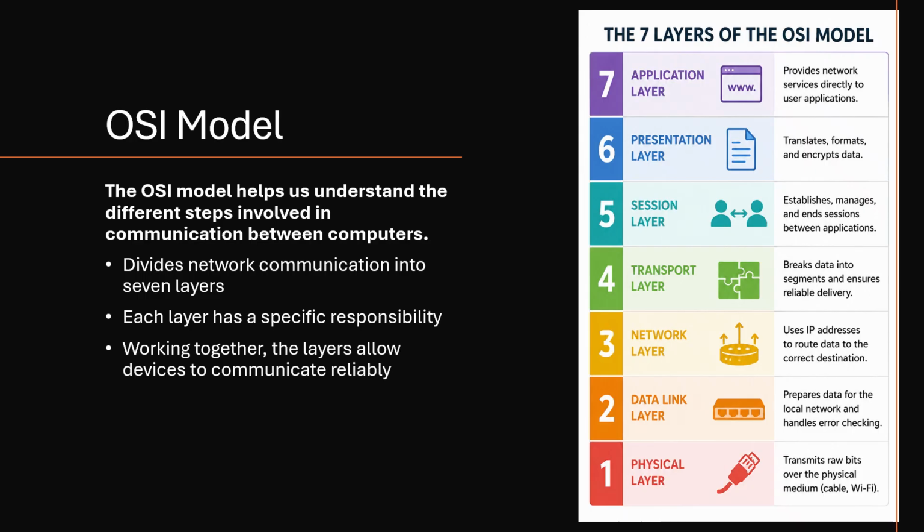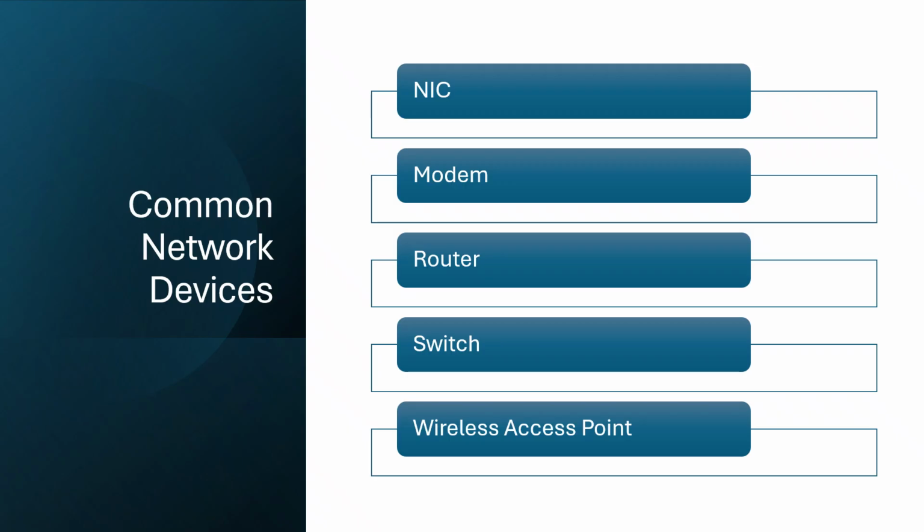This layered approach makes networking easier to understand, to design, and to troubleshoot. As we continue through this lesson, you'll see that many of the networking devices that we'll discuss perform their work at a specific layer of the OSI model. So next, we're going to meet the devices that make networks work, and each one has a different job.